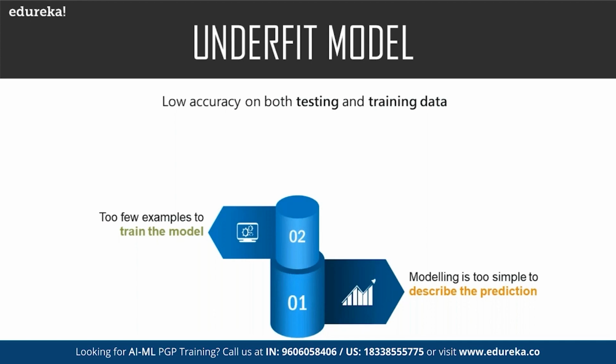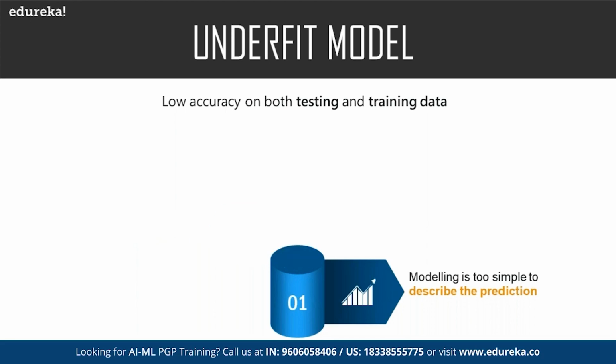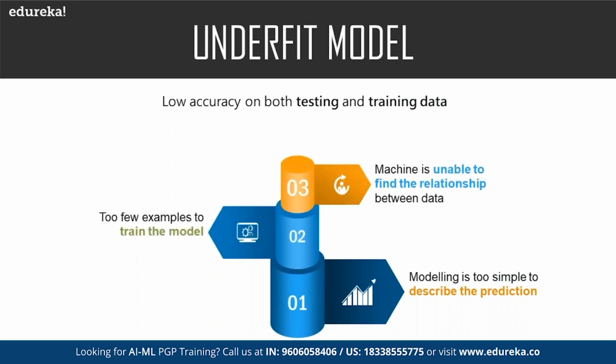We may be using very little data to train the model. That's again the big cause that yielded such an underfit model, I would say. And moving ahead, the machine is unable to find the relationship in the data because we haven't properly chosen the data on which we evaluate the model.